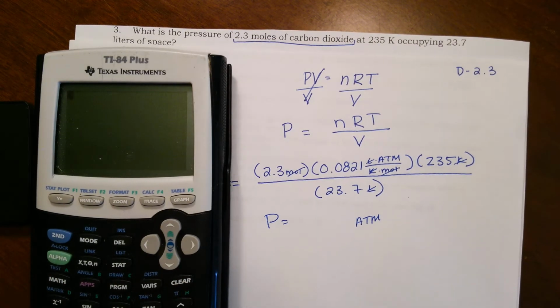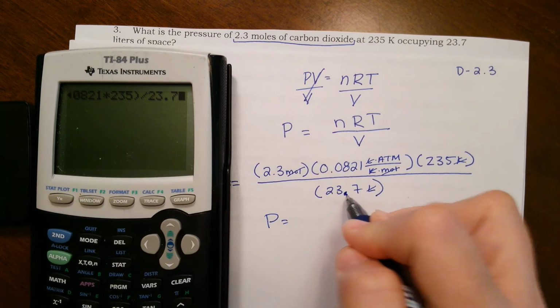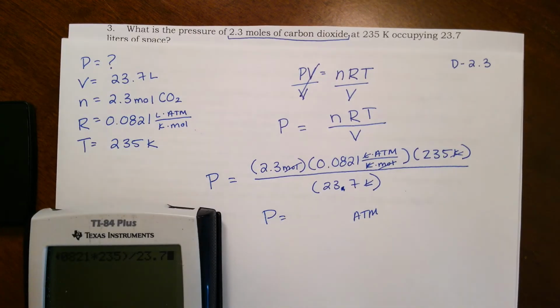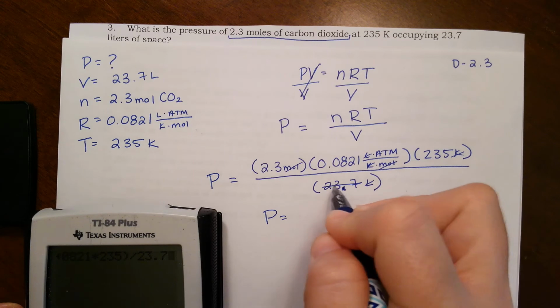So let's plug it in. Make sure we use those parentheses. So open parentheses to plug in the top: 2.3 times 0.0821 times 235, close parentheses, there's our top, divided by 23.7. Oh, sorry, that is a mistype. Our temperature was 235.